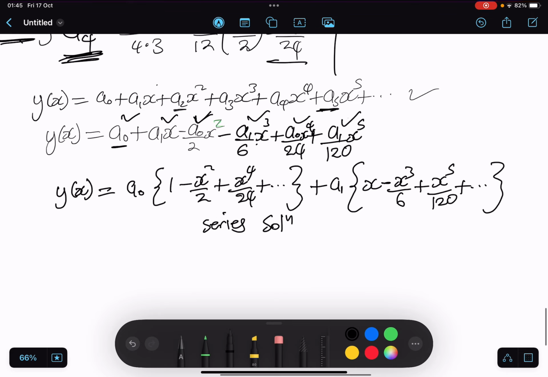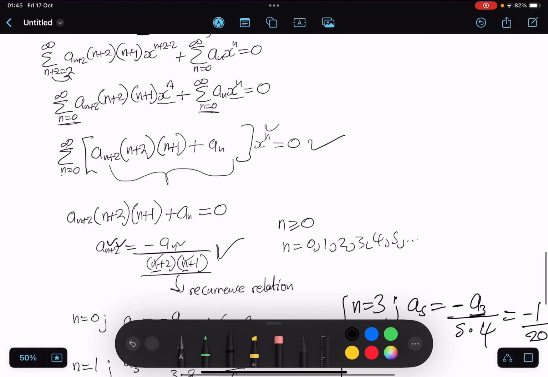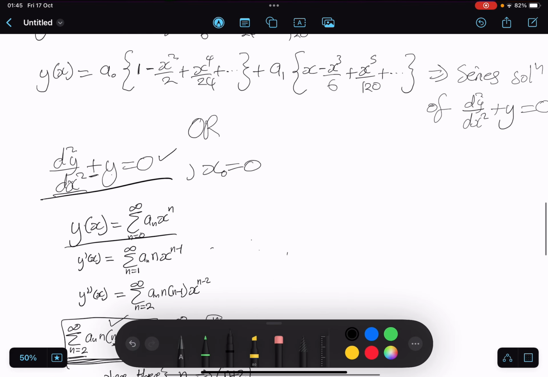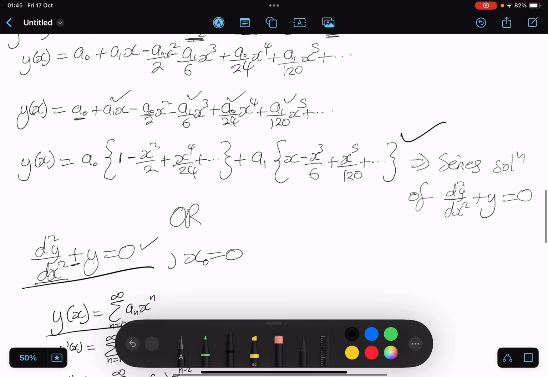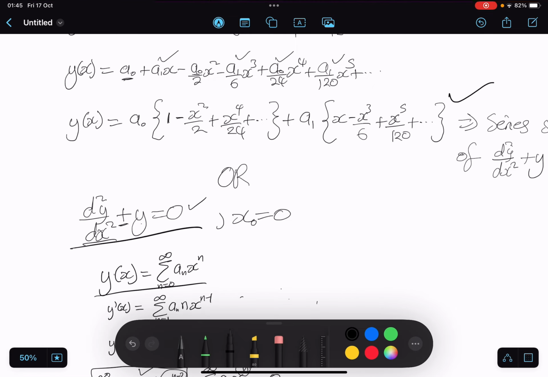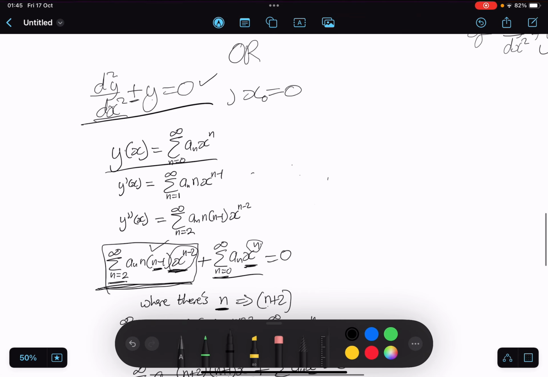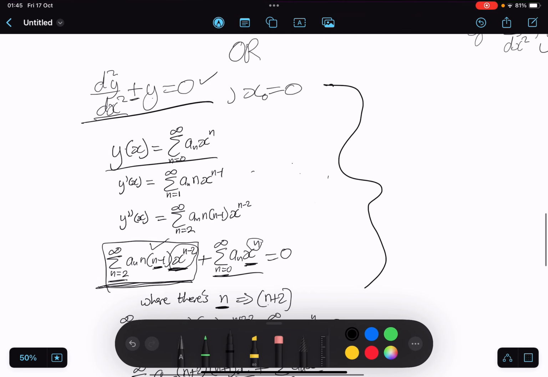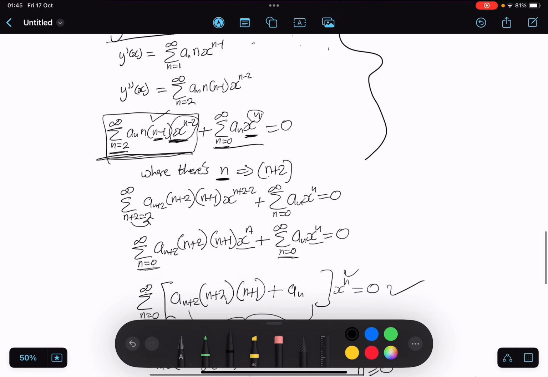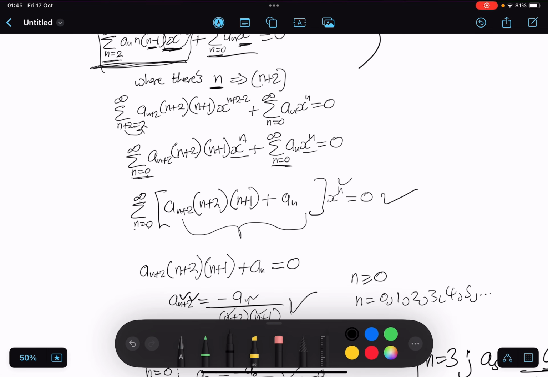As you can see, this one is the same as this solution that we got earlier. So these are the two methods that you can use. You can use this one where you're going to get a recurrence relation equation.